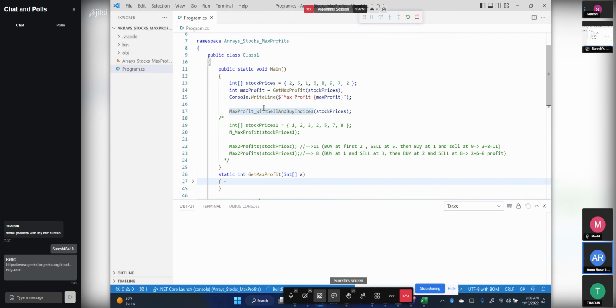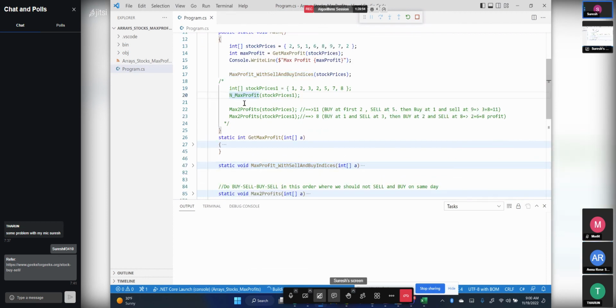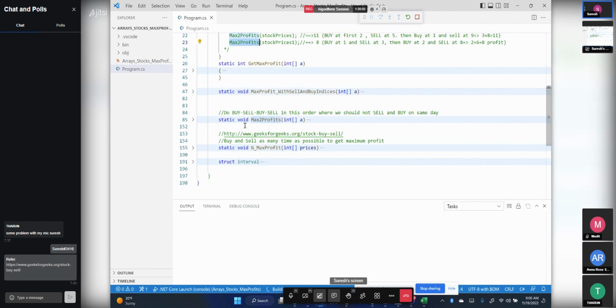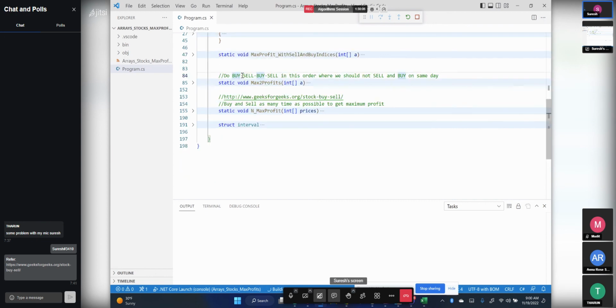So this particular algorithm also has other variations, like buy two times, sell two times, like max two profits. This is complicated. You do buy and sell in this order, where we should not sell and buy on the same day. This is another condition.